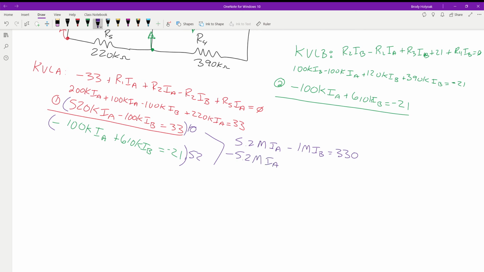Negative 5.2 meg IA, and then we have our 610. 31.72 meg IB, and then we have a 21 and a 52. $1092.